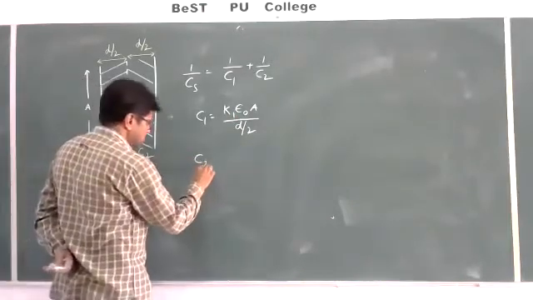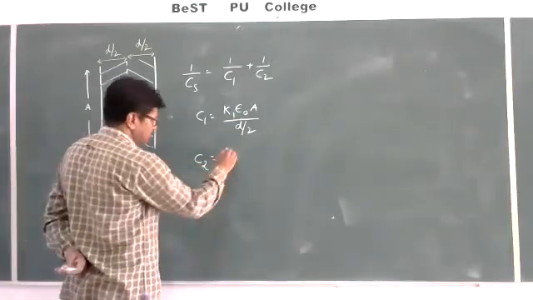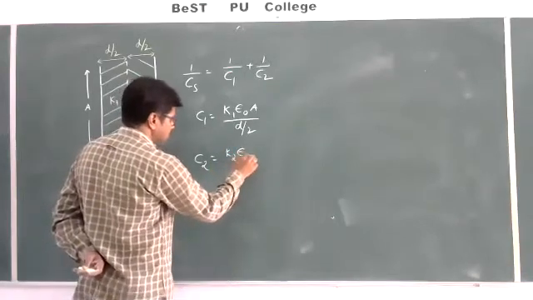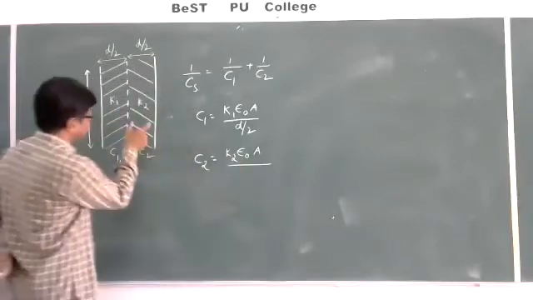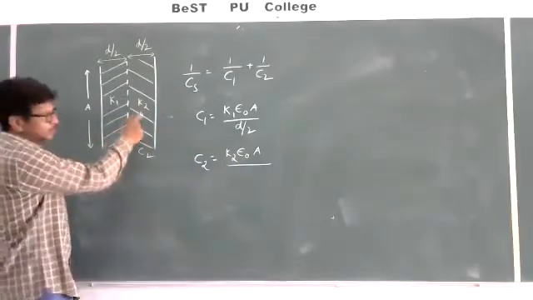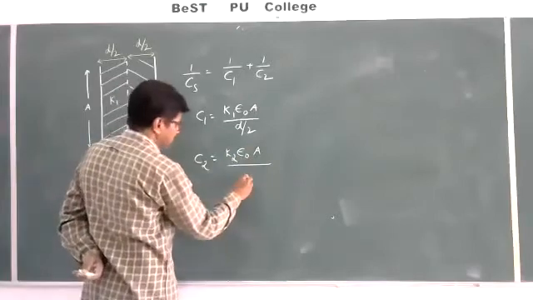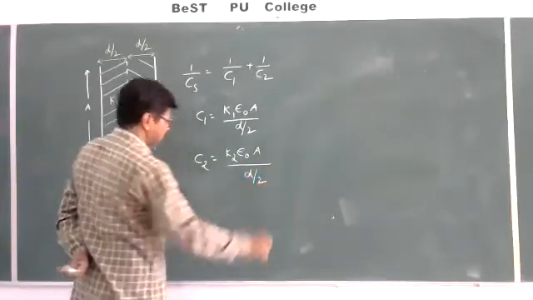Similarly, C2 is equal to K2 epsilon naught A by d by 2.